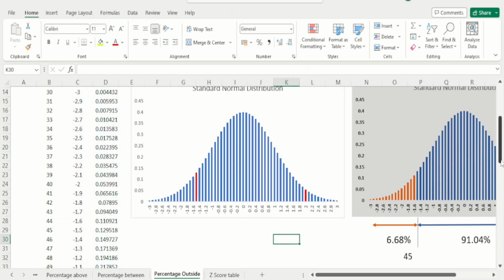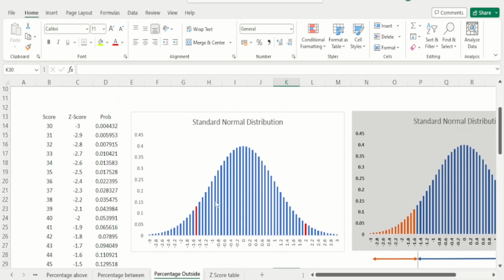Basically what the question is asking us is, what is the area to the left of the taller left colored column, this section right here, and what is the area to the right of the smaller red colored column right here.